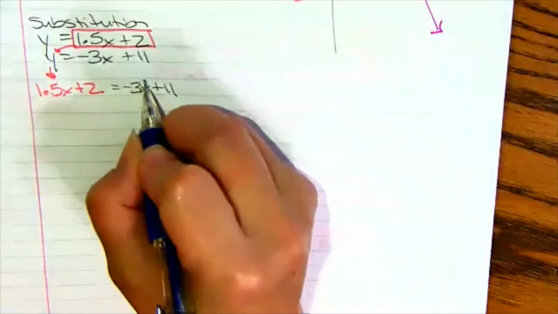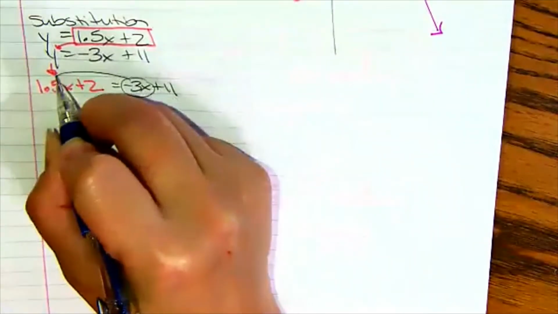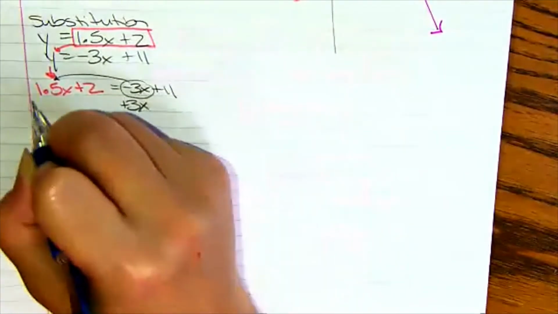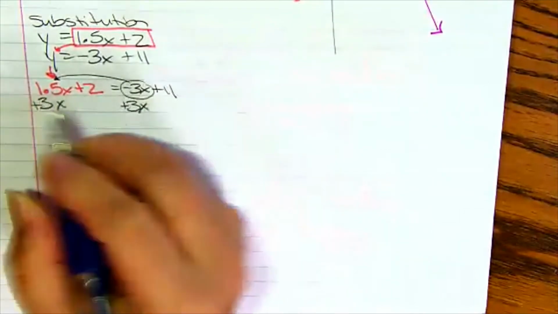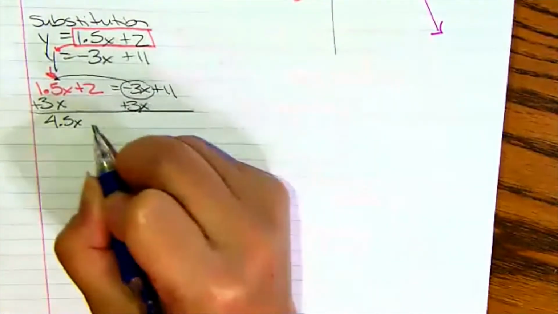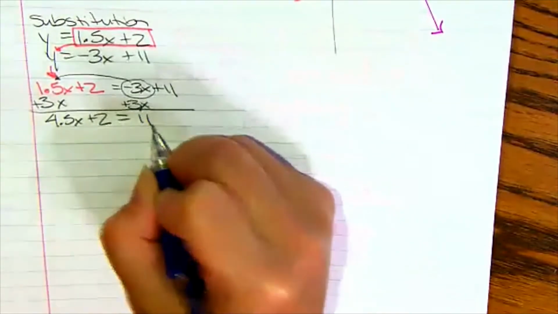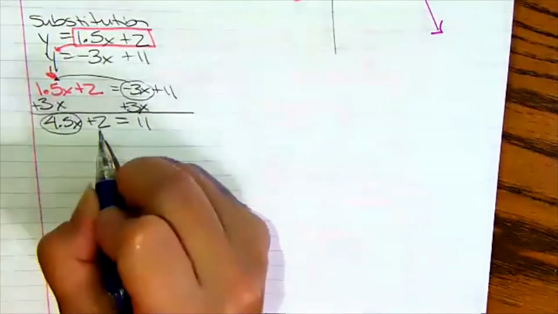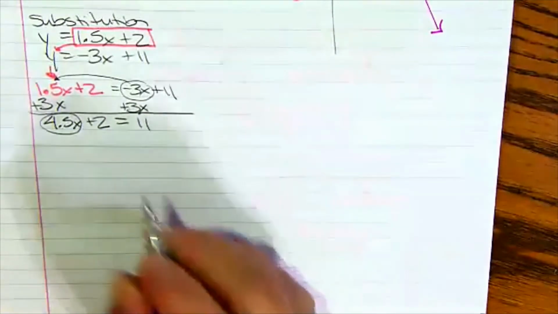I want to get this x over here, so I'm going to add 3x. What I do to one side, I must do to the other. So I have 4 5/10 x plus 2 equals 11. I want to isolate this variable, so I want to get rid of this positive 2.